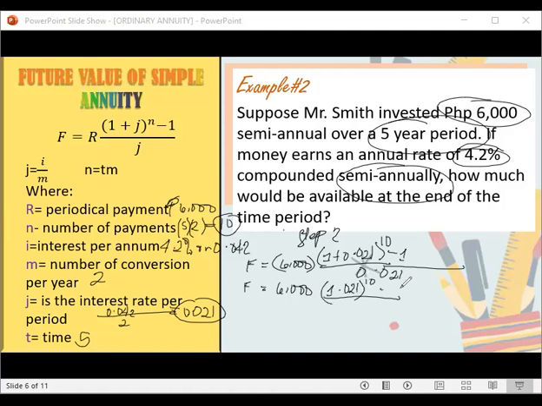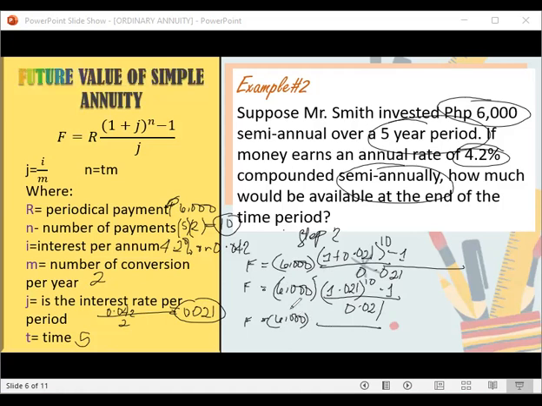Raised to 10 minus 1 over 0.021. Okay, so now, there it is. So, next step is the exponent. So, 6,000. So, 1.021 raised to 10.